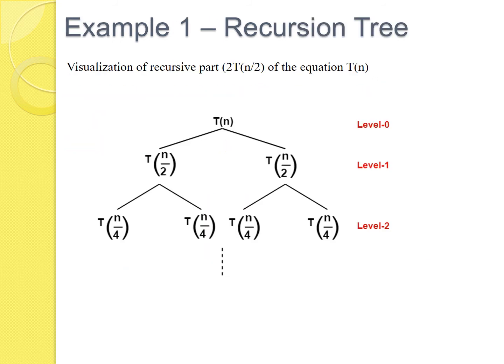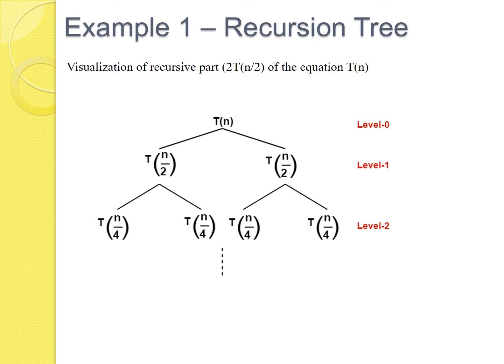Visualization of the recursive part of the nonlinear recurrence relation is as given here. The recursive part in the nonlinear recurrence relation was given as 2 multiplied by t of n by 2, which is the problem size of n divided to n by 2 at each recursive call.